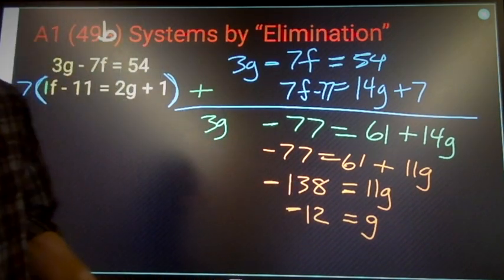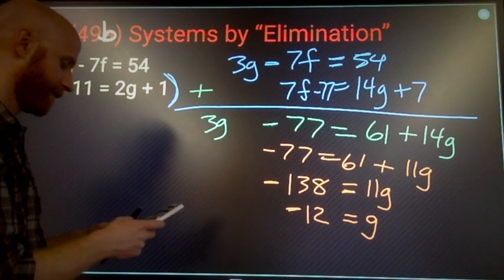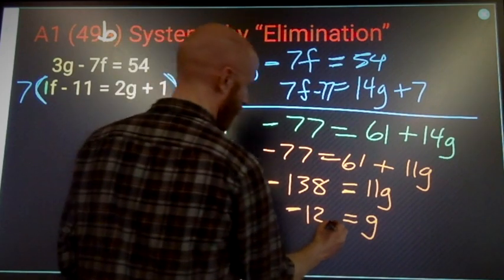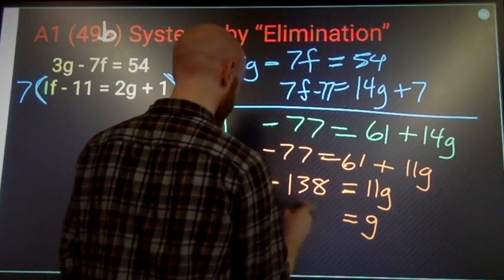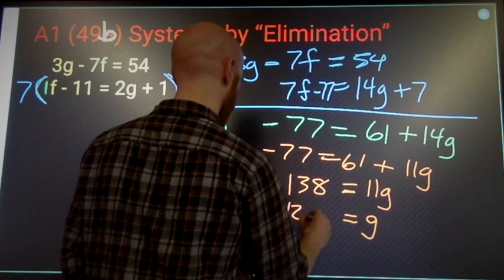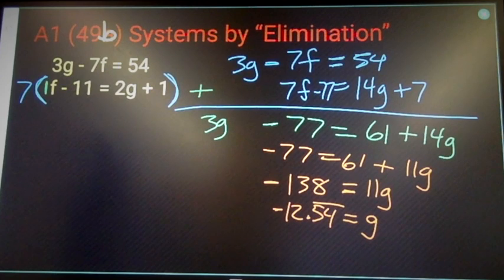Use a calculator for this. 12.54 repeating. All right, -12.54 repeating. All right, that's my G.